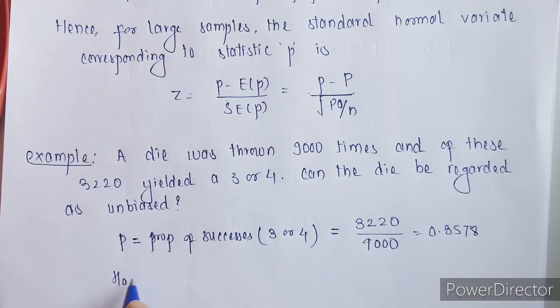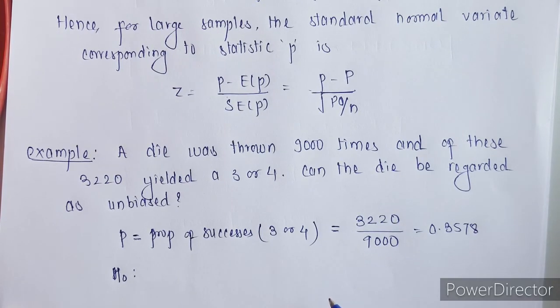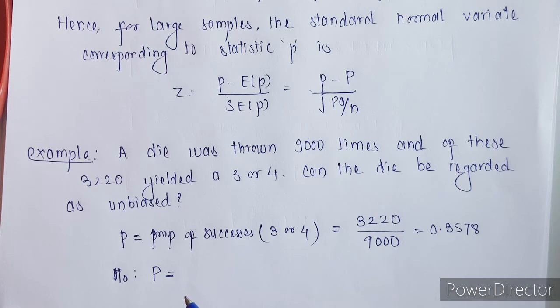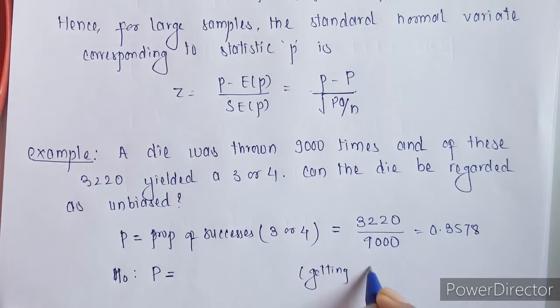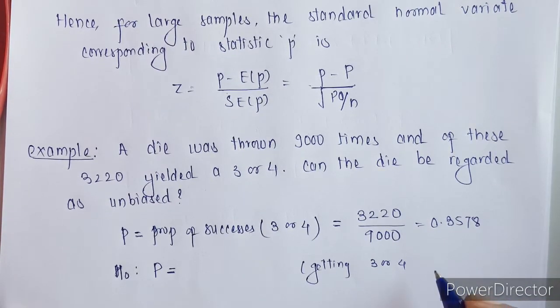Now we need to set the hypothesis. So let's set H0 first, null hypothesis. Now what is a null hypothesis? We have to prove that this die is unbiased, that is population proportion in this case. Now when can we say it is unbiased? Whenever our population proportion, that is getting 3 or 4. Now on a die, how many times we are getting 3 or 4? It is 2 out of 6.